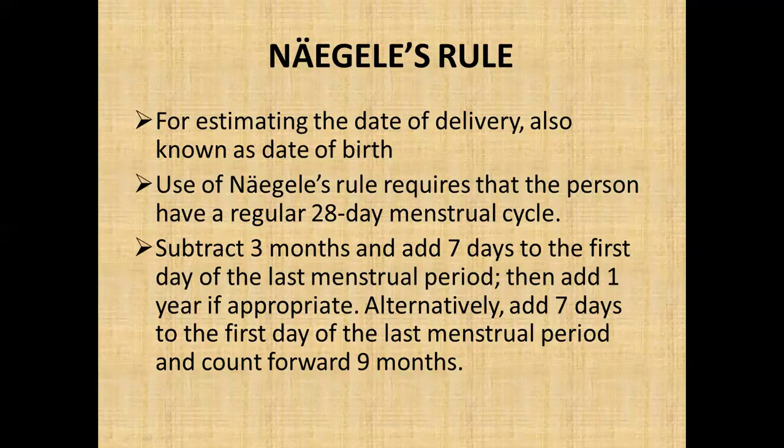They ask you to determine the estimated date of delivery of that woman. Let's say after labs and everything, it was noted that the patient is pregnant, and they are asking you in the first question, what is the estimated date of delivery for that woman?